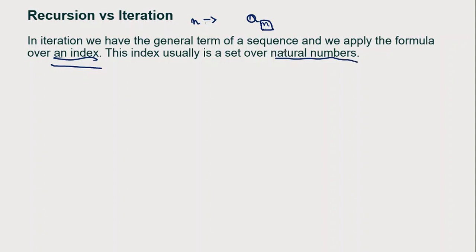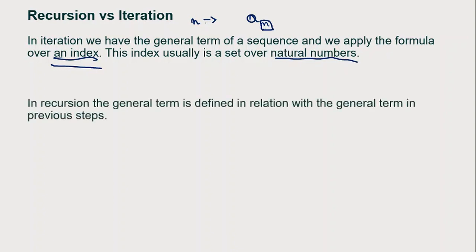It could be other sets of numbers, but let's just stick in this module to the set of natural numbers. Then recursion is when you have available a general term in terms of the general term in the previous steps, based on some base value, the base term. The very first one, for example, a1, or a1 and a2, like was the case with Fibonacci numbers.